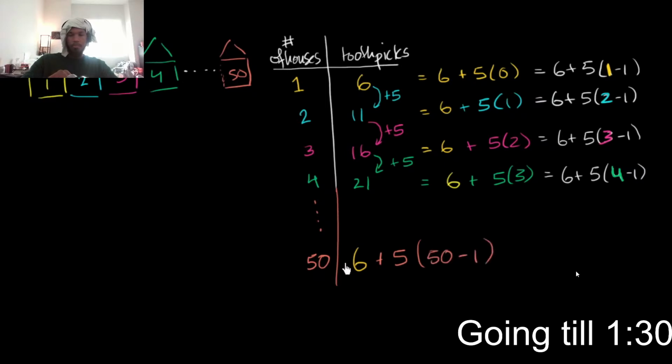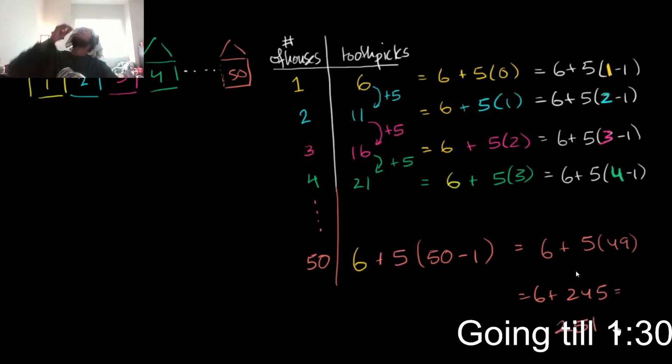Why minus 1? Well, you already built one of them with the 6. Then for every extra one, so there's going to be 49 extra houses, you're going to add 5 toothpicks apiece. So this is going to be equal to 6 plus 5 times 49. And that is 245. So 6 plus 245 is equal to 251 sticks.